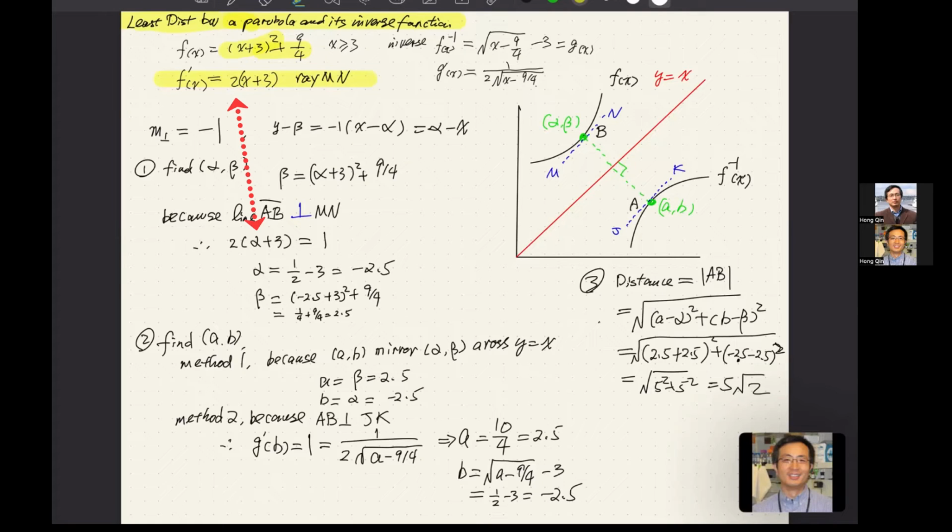The derivative of f(x) is 2x + 3. What that means is that since AB is perpendicular to MN, and AB has the slope of -1, MN must have the slope of 1. That means 2 alpha + 3 should be equal to 1. And by this, we can solve alpha, which is the value of -1. And then we plug into the formula of f(x) and solve beta, which is -5/4.